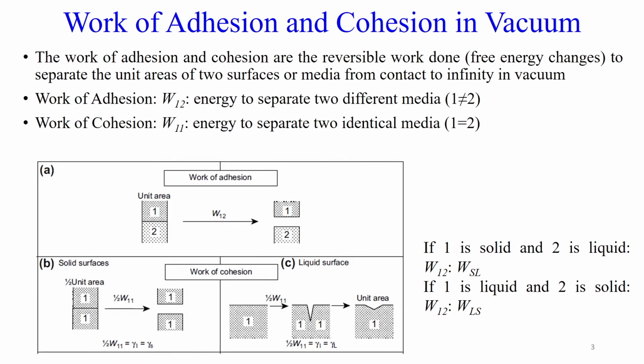To start with, we will see the interaction between two different mediums 1 and 2. The first thing when there is interaction is called the work of adhesion or cohesion.